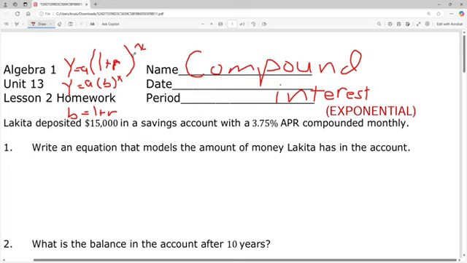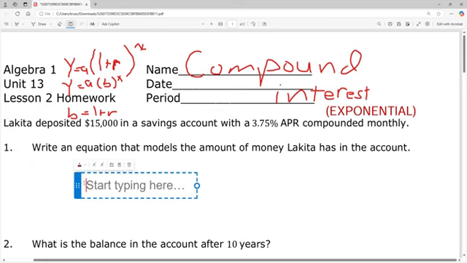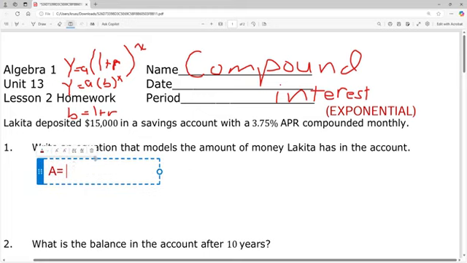So let's see how this function works with compounding interest. So the equation starts with the amount at some given time. Let me do it like this. So the amount in some given time, that is your y value, equals your a value, which we say is p right here, which is the principal, right?